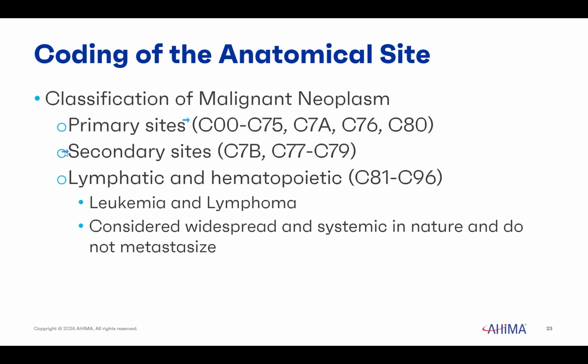If it's secondary, in other words, the metastases would fall C7B, C77 through C79. And if it's a soft cell cancer, in other words, these lymphatic or hematopoietic cancers, C81 through C96, the leukemias, the lymphomas, these are systemic, so they don't metastasize.